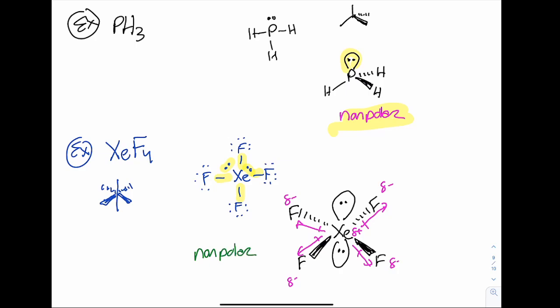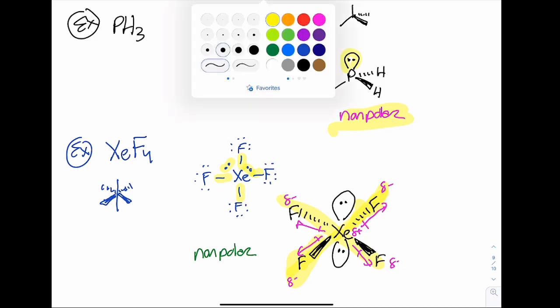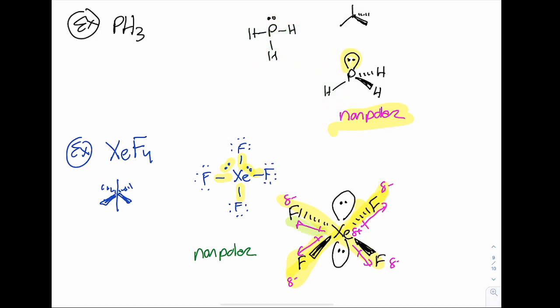Remember, this is coming in and out of the plane, but these are linear, right? This one here is coming out, this one's going back, and they are straight across. The whole entire molecule is square planar, but just the relationship between those. So we can think of this as canceling this, and this one canceling this one, right? So these are going to cancel each other out, and the molecule is going to be nonpolar.